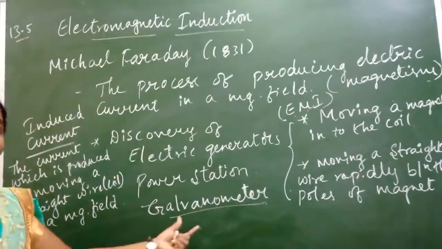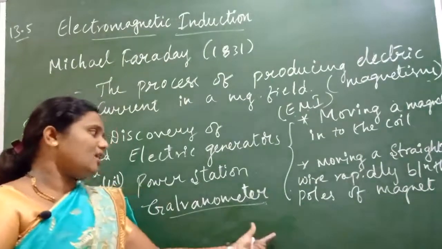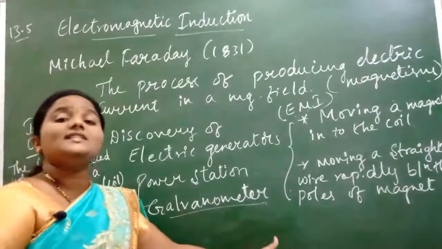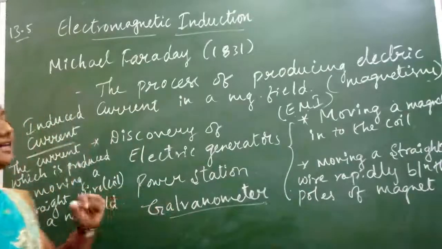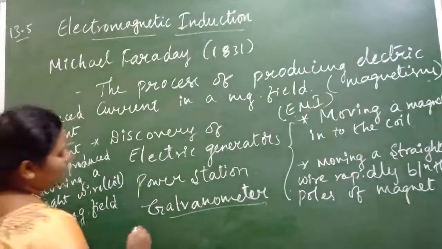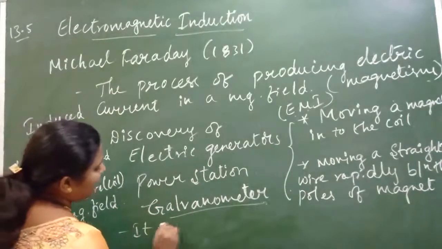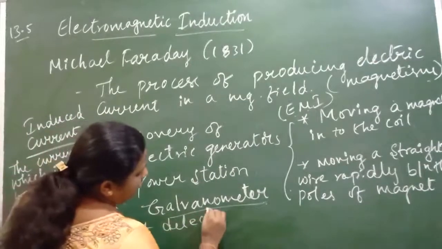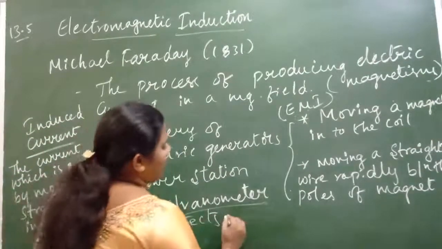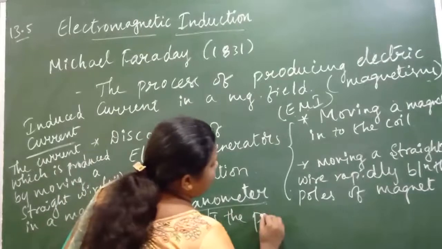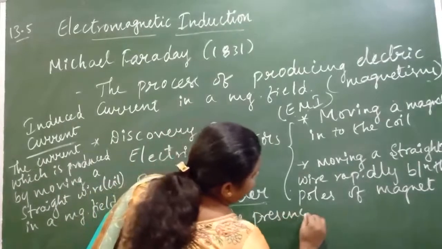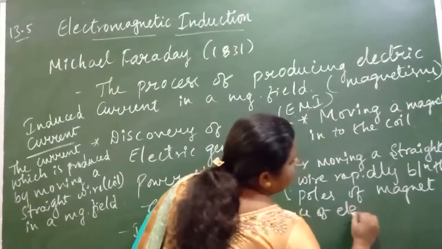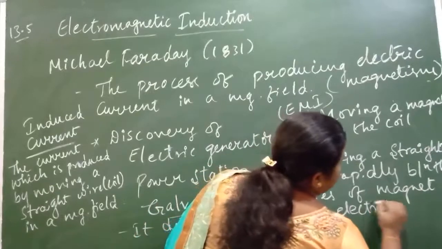The galvanometer detects the presence of an electric current in the circuit. What will it do, children? It detects, it identifies the presence of electric current.